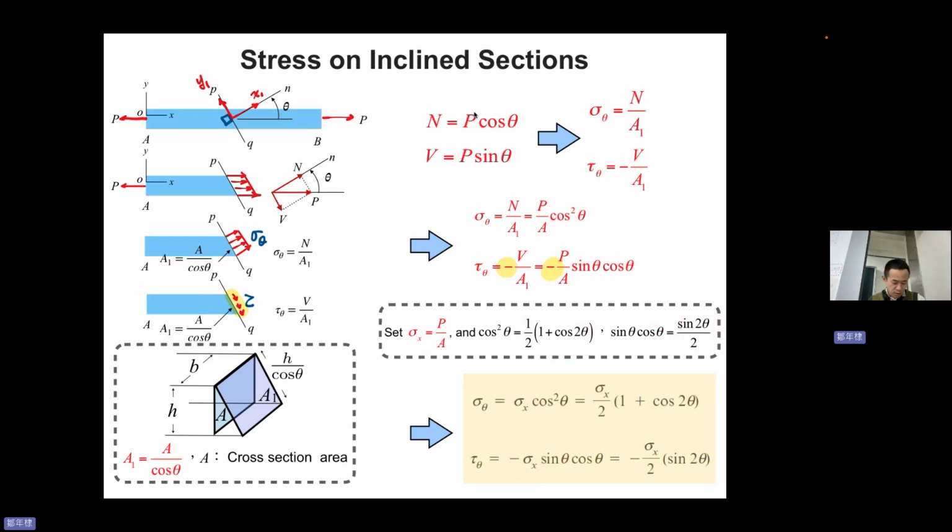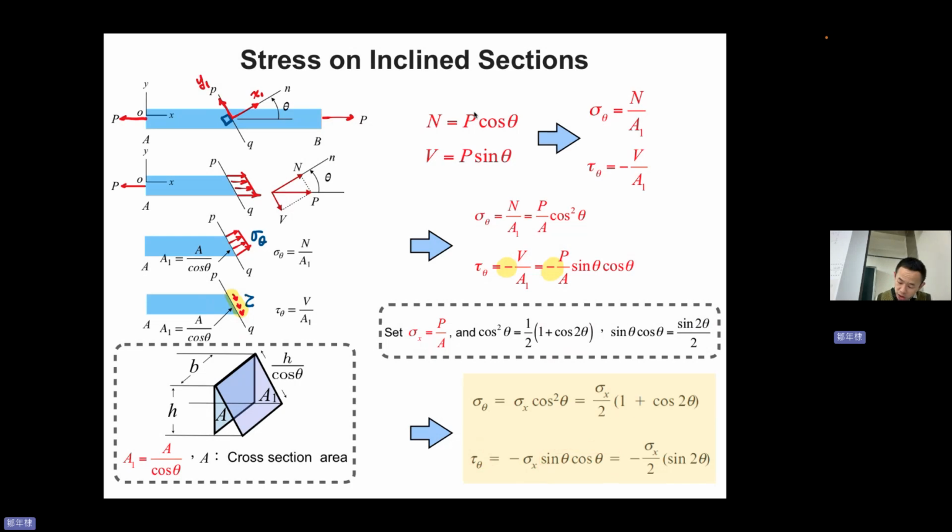This is the double angle equation. I don't know how to translate that, but it is a sine cosine relationship you learned in senior high school, right? So you can replace this into sigma theta equal to sigma x times cosine 2 theta. Tau theta equal to minus sigma x sine theta cosine theta.